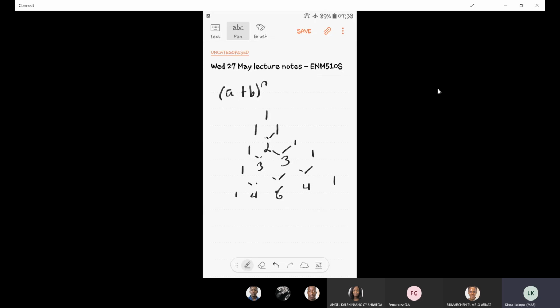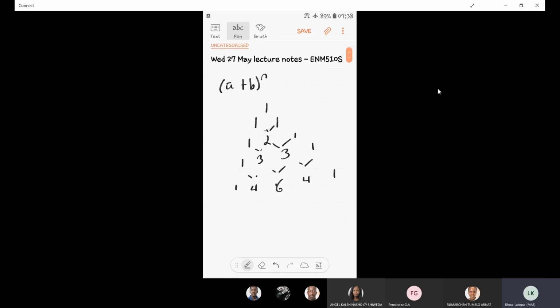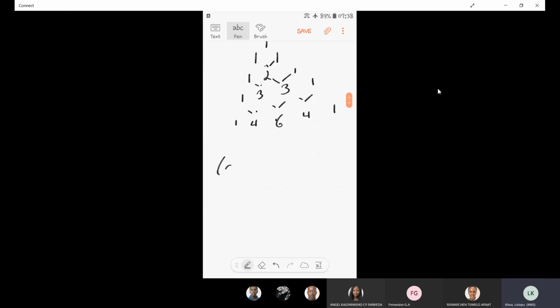But Pascal's triangle is not useful when we are dealing with exponents that are not positive integers. So we looked at an example yesterday where we had (a + b) to the power of minus 2. The first way we did it was by long division, and just getting two terms we had to do a lot of calculations.